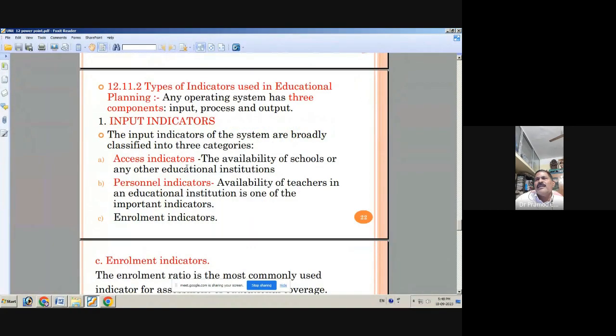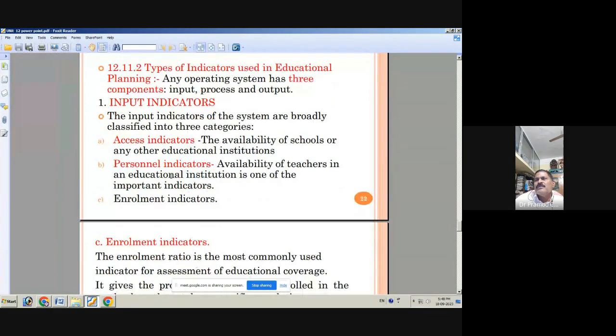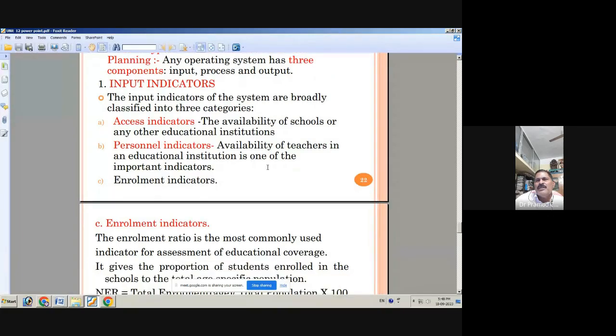Input indicators are always the availability of the schools or any other educational institution. Access indicators are there: availability of the schools at what kilometers, at what distance. Personnel indicators give importance to the availability of the teachers, whether that school has the teachers.